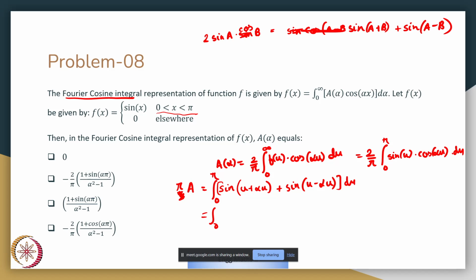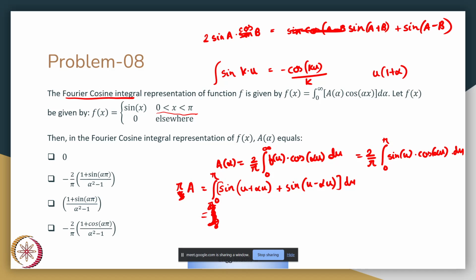which is integral 0 to pi sine of u plus alpha u, I can write that as u times 1 plus alpha, and if I am taking the integration of sine of k times u, the integration of sine of k times u would be nothing but minus cos of ku by k.